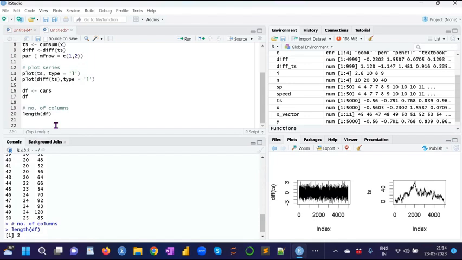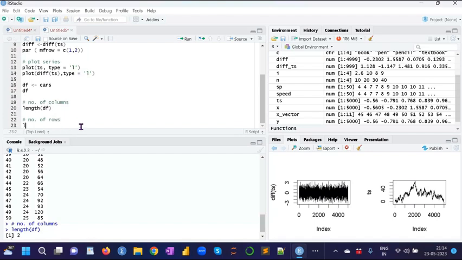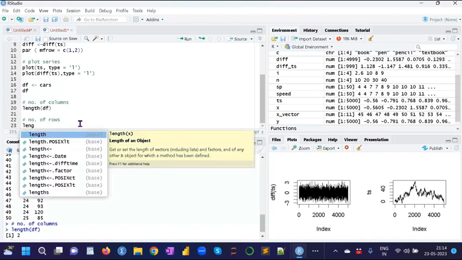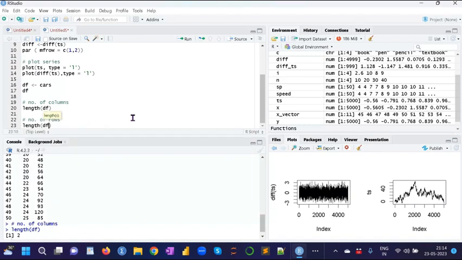Again, the number of rows. Then length, and in df I will pass all the rows.